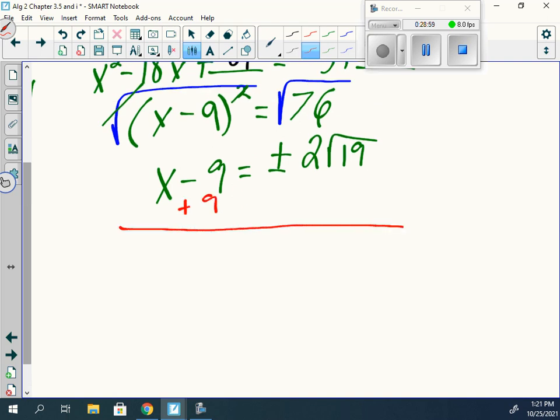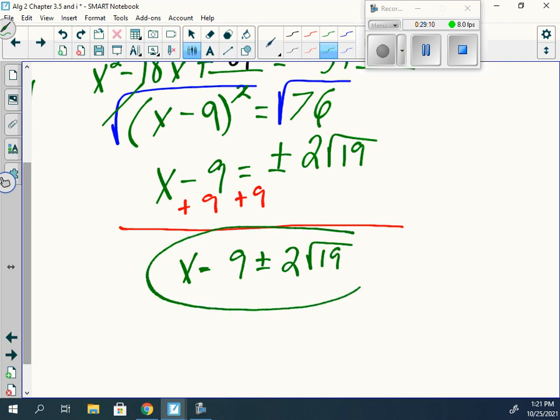Then we can add 9 to both sides, which is telling me x is equal to 9 plus or minus 2 square root of 19. And that's as far as we can take it. That is the answer, unless we want to turn it into a decimal.